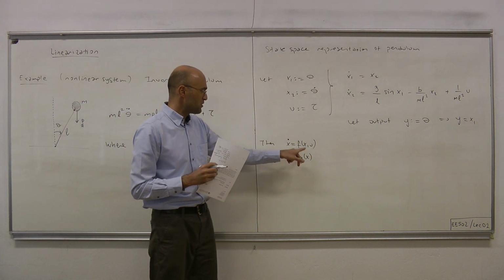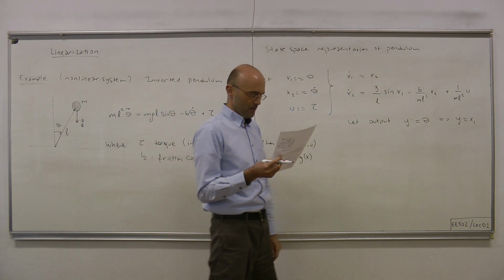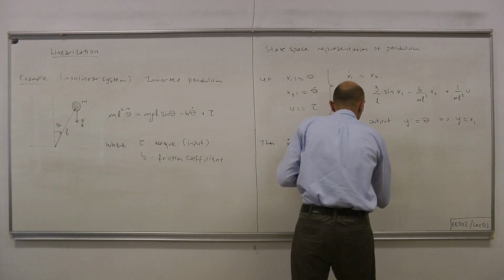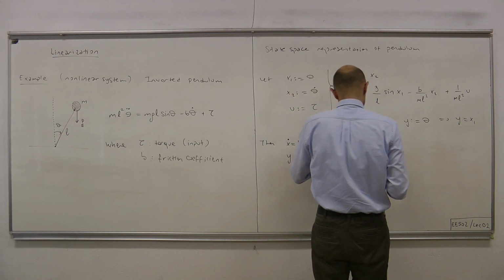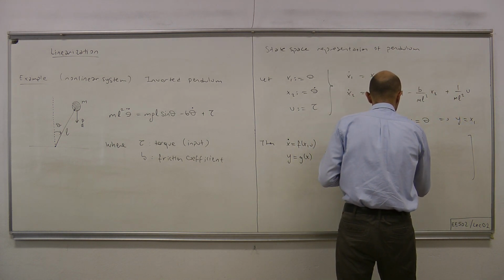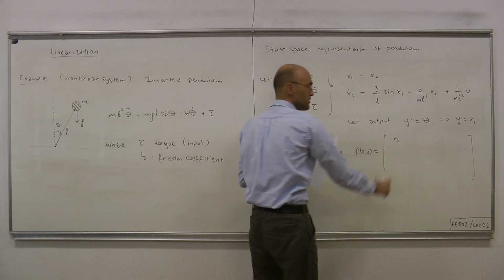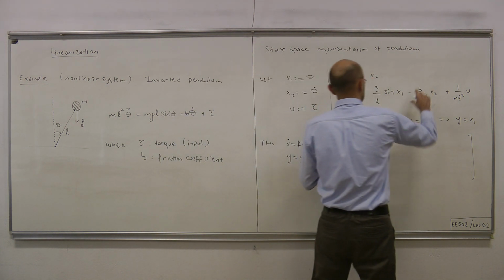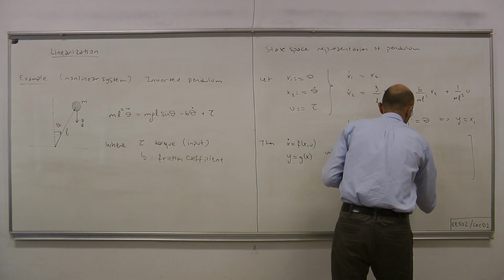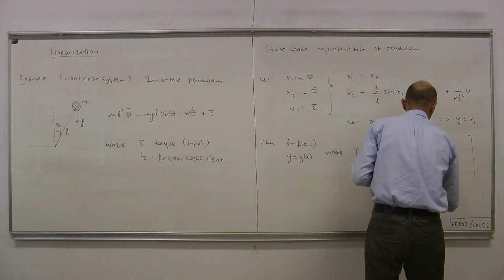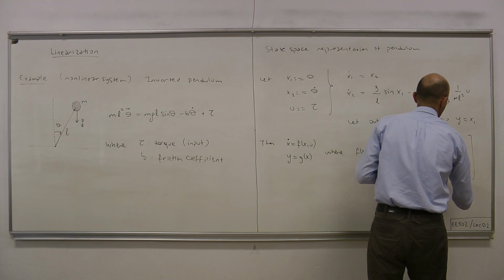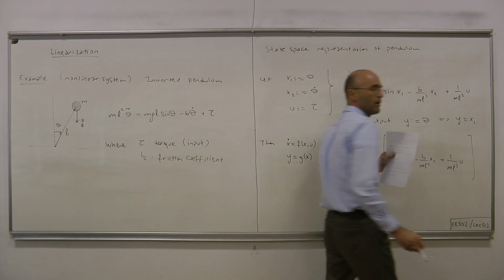And what are these functions f and g? They're sitting here, where f of x, u equals x2 as the first entry of this vector function, and the second entry is sitting here. So let me rewrite it: G over L sine x1 minus B over M L squared x2 plus 1 over M L squared u.